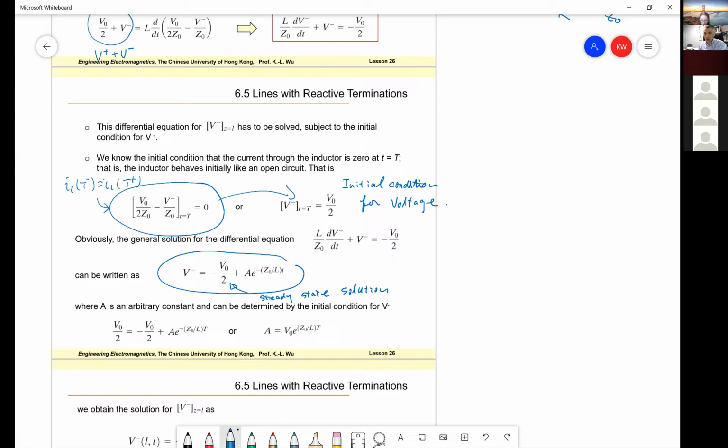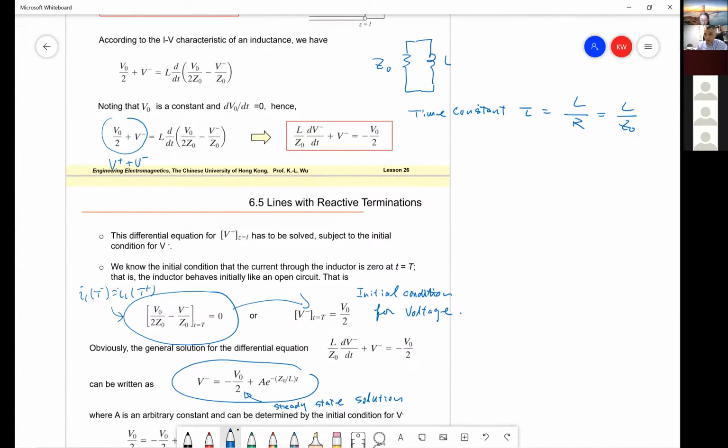If you're not sure why this is true, you can substitute it into our differential equation to see if it is satisfied. If it is satisfied, the solution is correct.